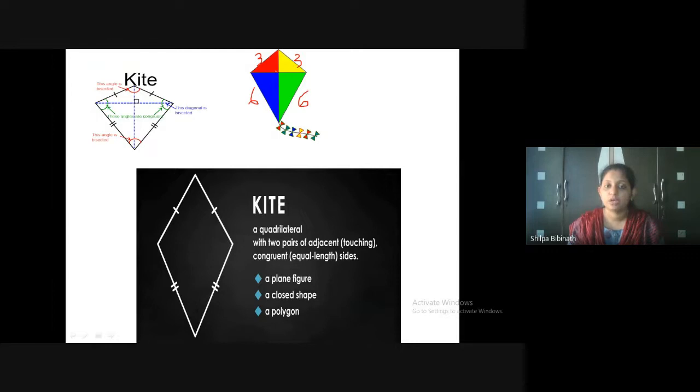And what about the diagonals? One diagonal is perpendicular to the other one. Then this angle which is formed and this angle which is formed will be equal. If this is 60 degrees, this angle will also be 60 degrees. So this was about kite.